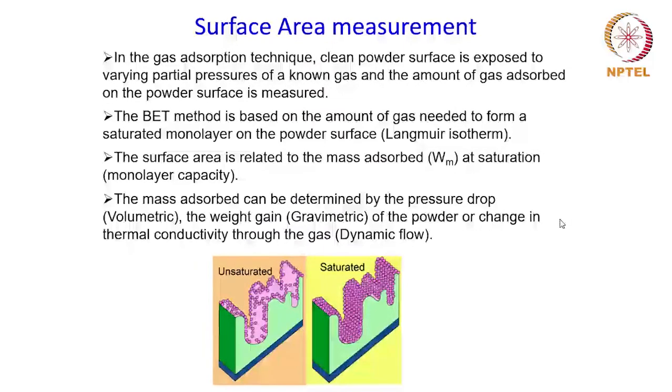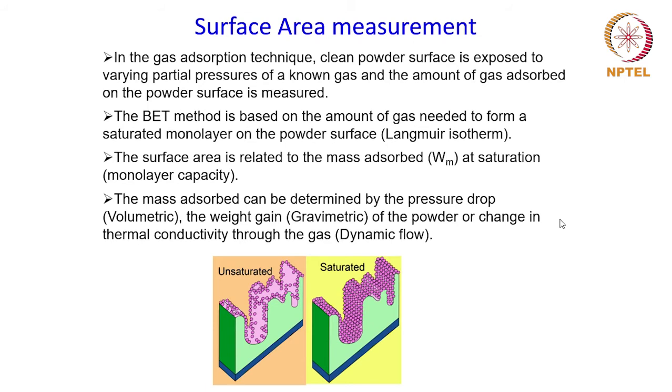So now that we have understood the basic principle behind the BET technique, it is time for us to look at the BET instrument and the actual measurement methods. In this BET technique, or the gas adsorption technique of measuring surface area, a clean powder surface is basically exposed to varying partial pressure of a known gas, the adsorbate gas, and the amount of gas adsorbed on the powder surface is measured.